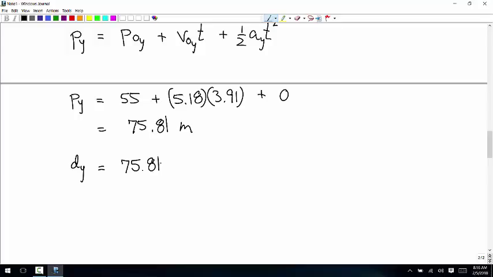Should be, yeah, 75.25. So 75.25 minus 55, because that's the thing's height at the instant it's dropped. And so you get an answer of 20.25 meters. That's how much higher the helicopter is at the time the object hits the ground.